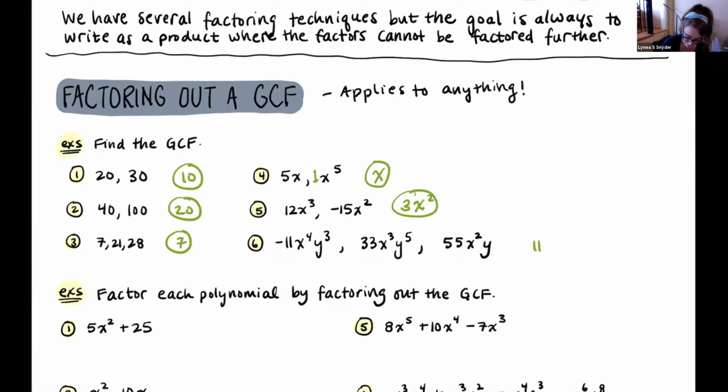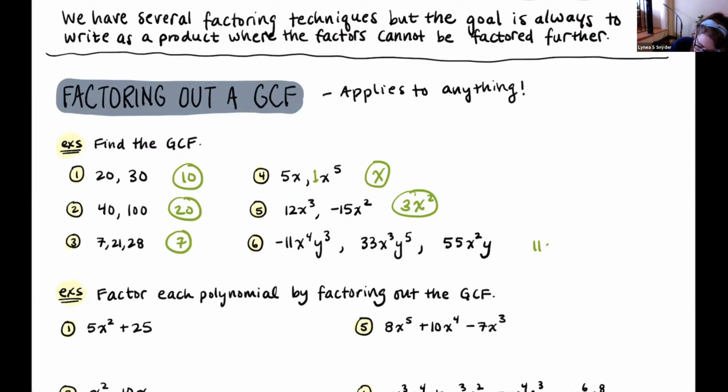And again, one of them is negative and these are positive here, so I would just take out the positive 11 rather than the negative with the GCF. Then looking at our powers of x, we've got x to the fourth, x cubed, and x squared. The largest power that is common to all of those is going to be x squared.